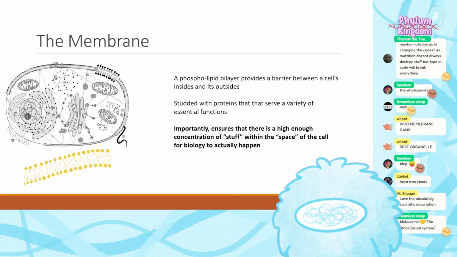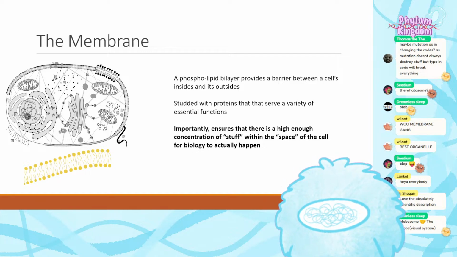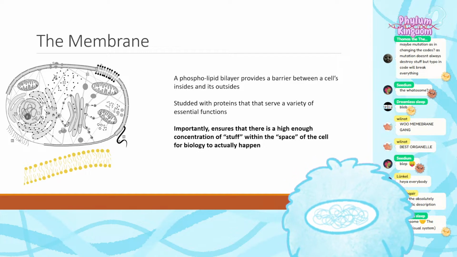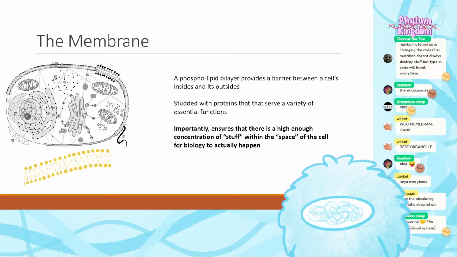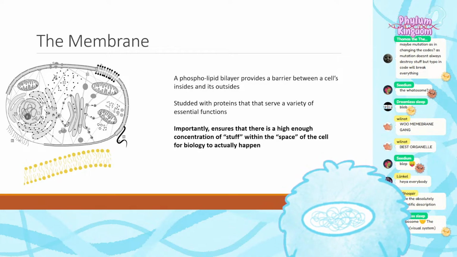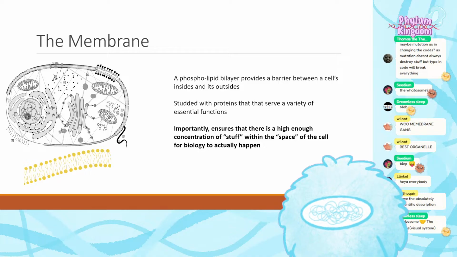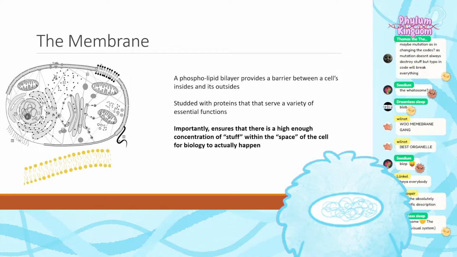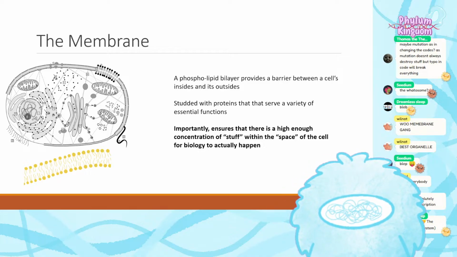It's not good enough that the biomolecules of life exist out in that primordial soup. They all have to be close enough to one another for there to be a non-zero chance that they interact. And I think thinking of the membrane as a container for all of the stuff to make sure that things happen in a productive way is an interesting way to view the cell.